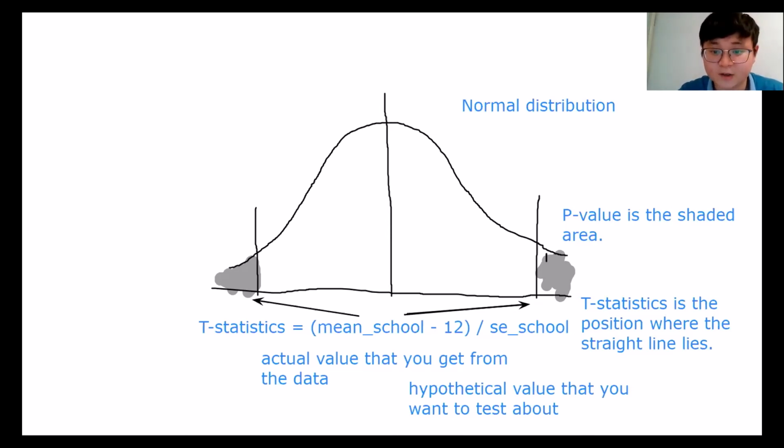So the t of beta should be the actual beta minus 0. So this beta is the actual beta that we calculated, and 0 is the hypothetical value, and then divided by the standard error of beta.